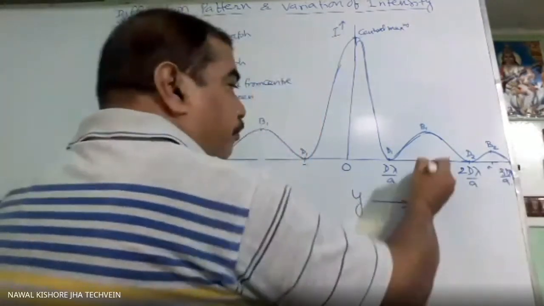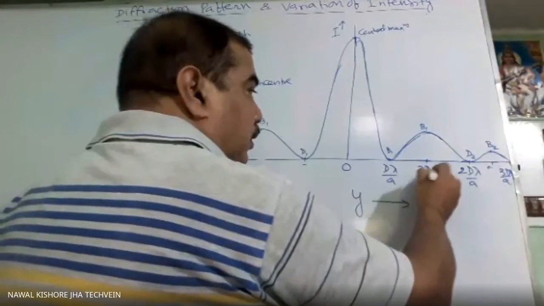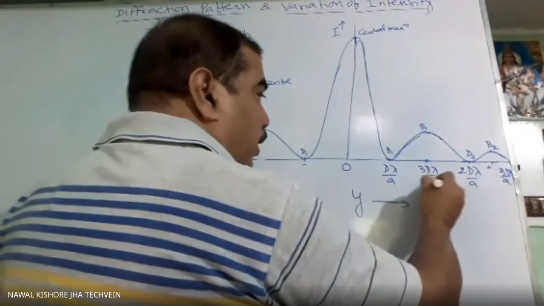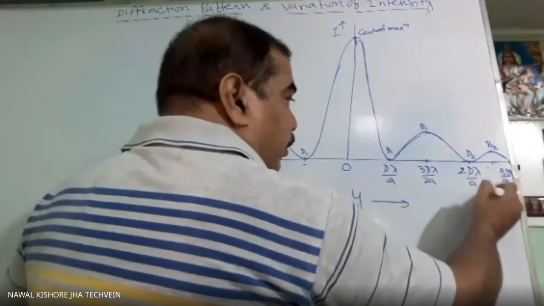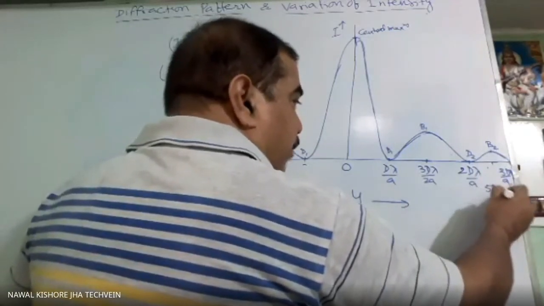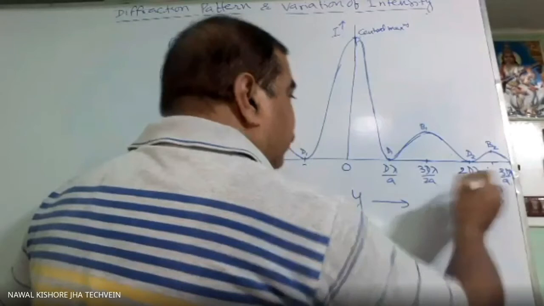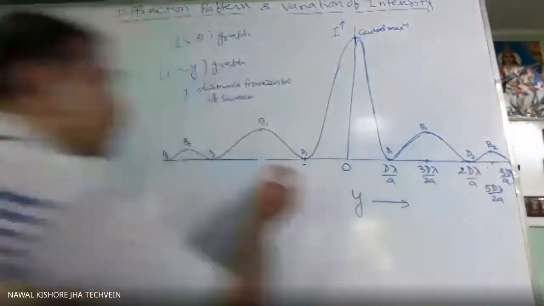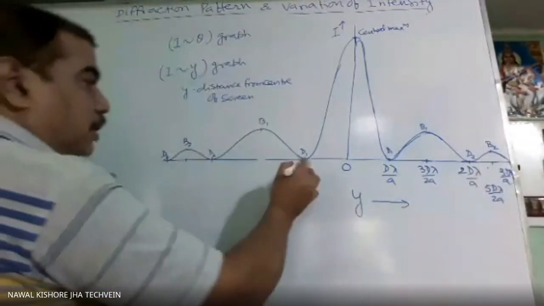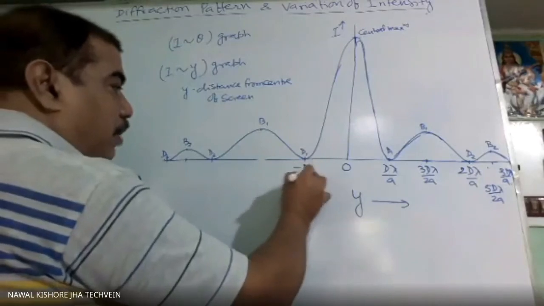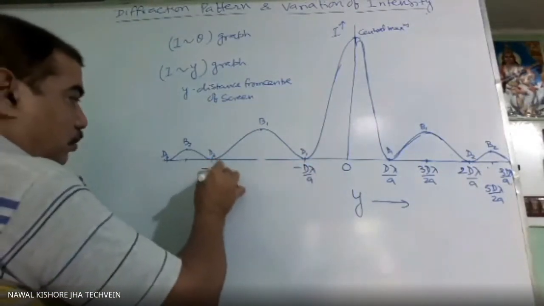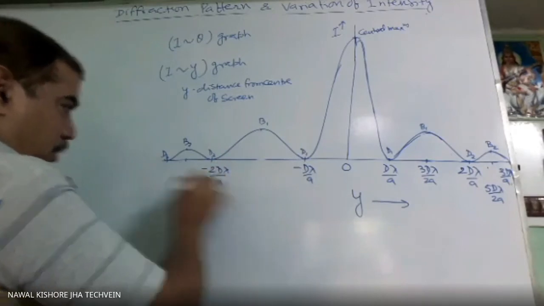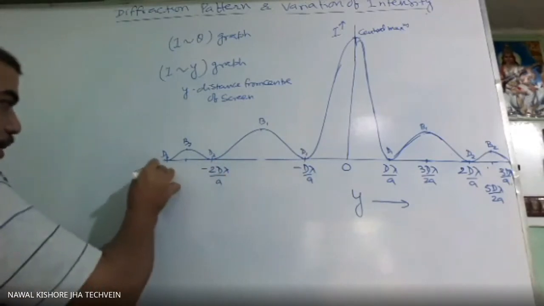Here it will become 3d lambda over 2a. At this place it will become 5d lambda over 2a. Similarly, this side minus d lambda over a, minus 2d lambda over a, minus 3d lambda over a.